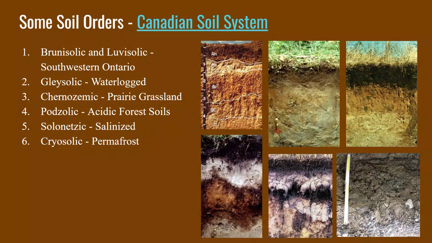Solonetzic soils are salinized and are prevalent either on coasts or in inland environments with high rates of evaporation. And then Cryosolic soils are permafrost, obviously prevalent in the Canadian North.